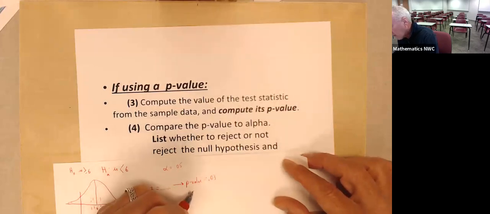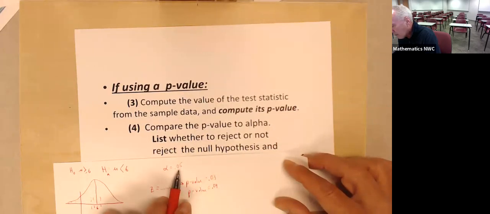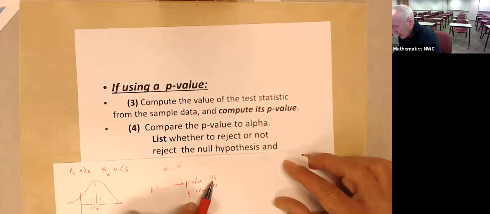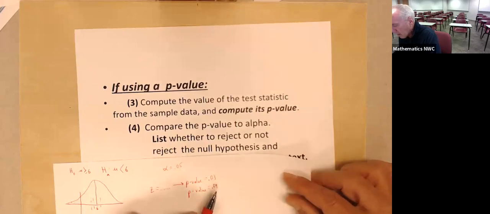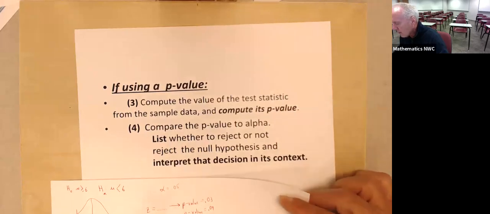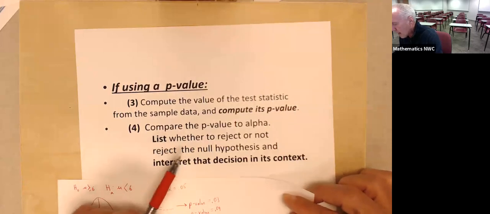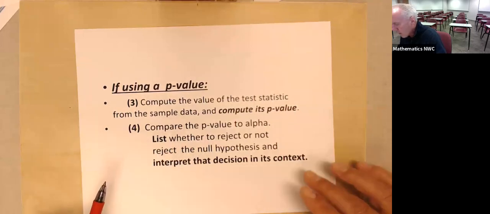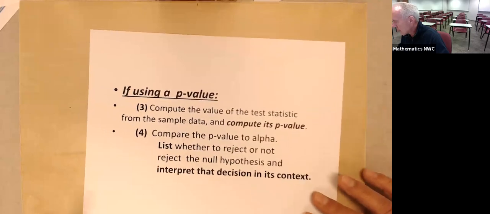But if the p-value was, say, 0.09, that is not less than my alpha, then I would have had insufficient evidence. 0.03 means it's a less likely sample than 0.09. 0.03 means I would have gone over my line in the sand. 0.09 means I would not have. Then we either reject or not reject the null, and we interpret that decision in context.